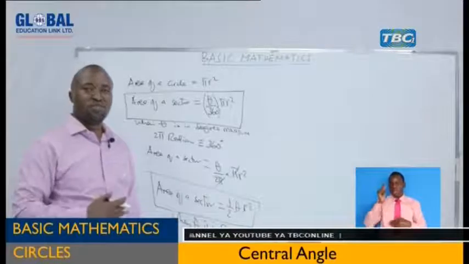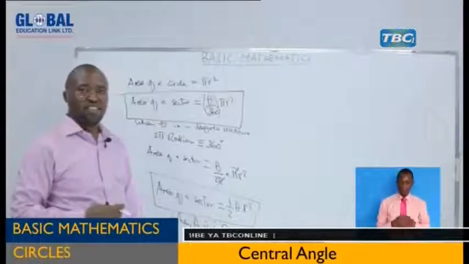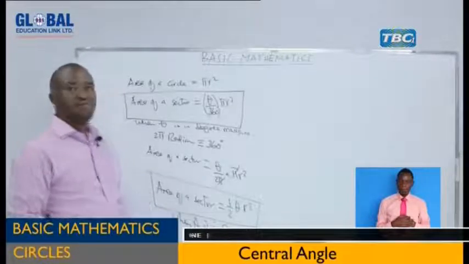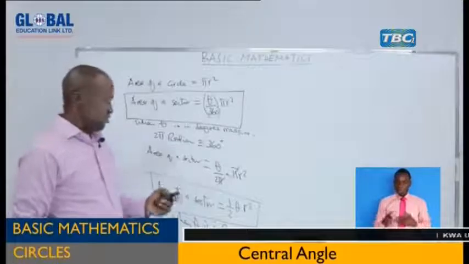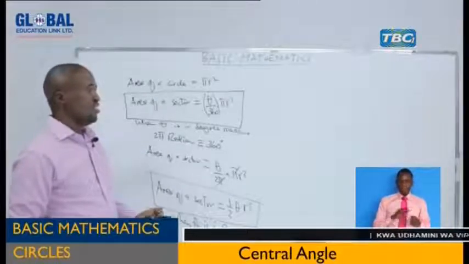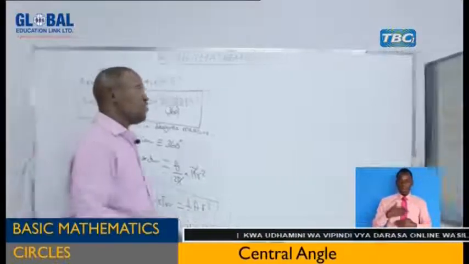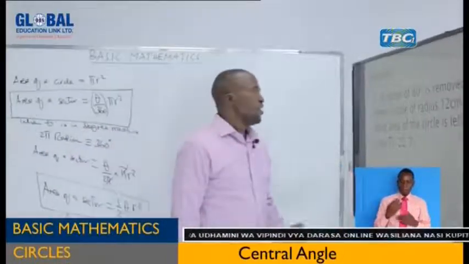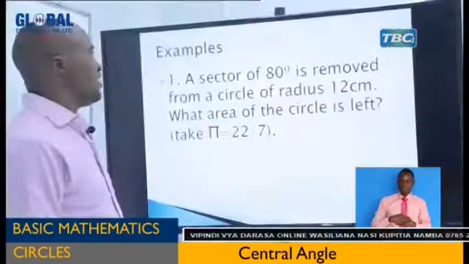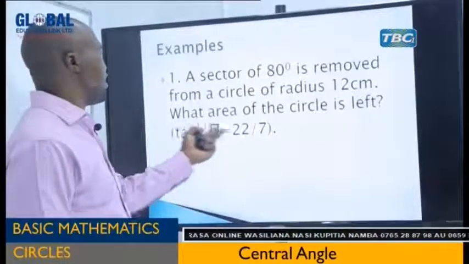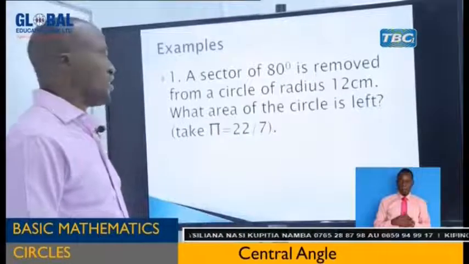So my dear student, I'm sure we're together. Now let us see examples of using our formula. The first example: a sector of 80 degrees is removed from a circle of radius 12 centimeters.